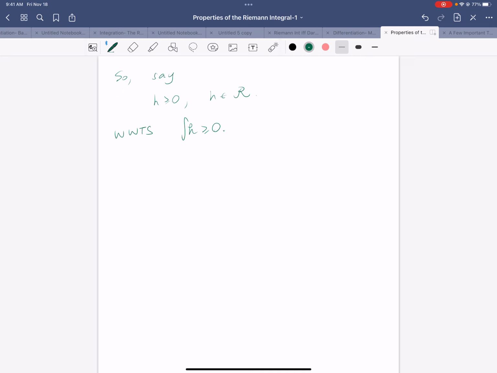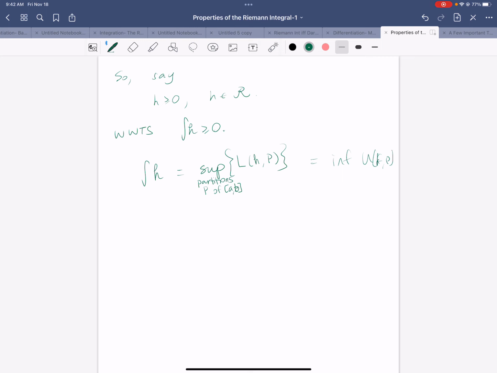But that's going to be true because the integral of h is going to be equal to the sup of the lower sums. Right? It's also equal to the inf of the upper sums.